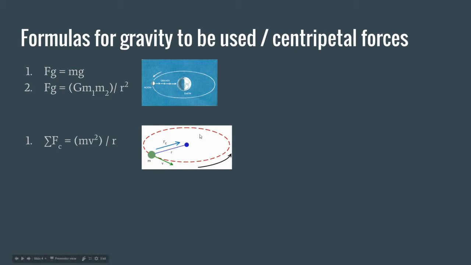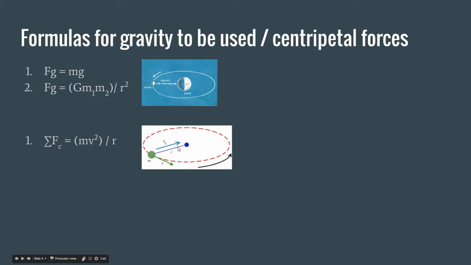And in this second picture, you can see a more physics-style diagram of a body of mass m orbiting around this blue dot, which could be a sun or a star, and this m could be the Earth. For example, the velocity vector is always going to point tangential to the orbital path.